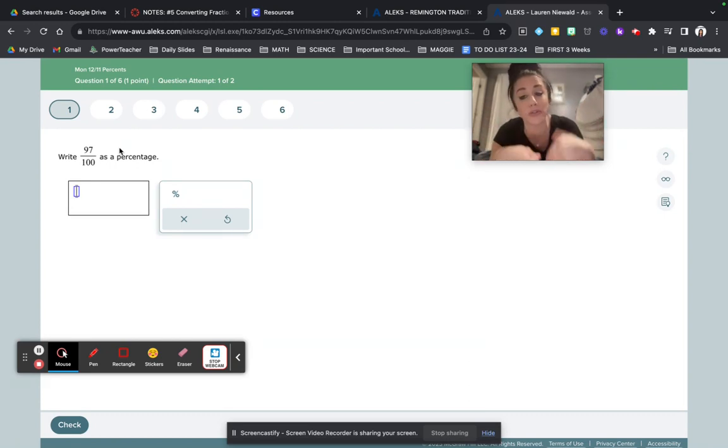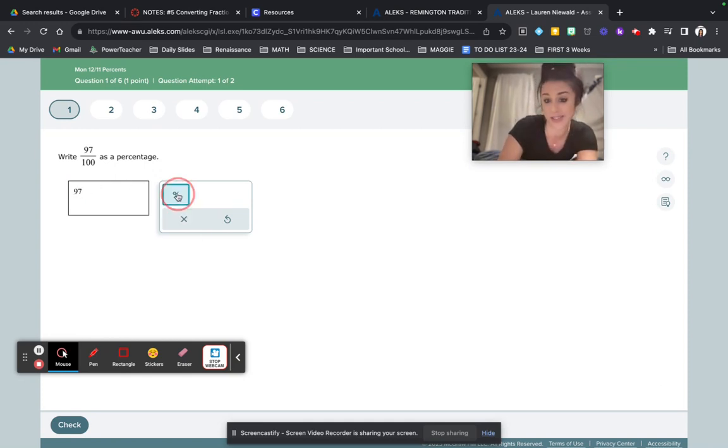So 97 over 100, your percent is 97%. If it was 3 over 100, it would be 3%. If it is 42 over 100, it is 42%. That one's pretty easy, right? So I'm just going to bust that out and we're going to make sure to use the percent sign on there. And away we go.